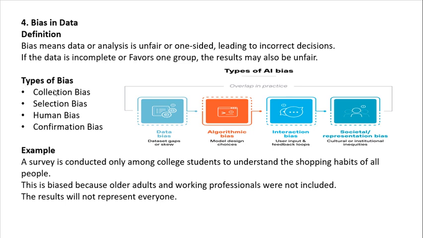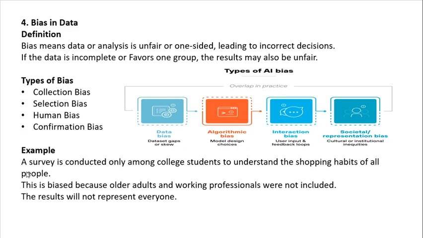Types of bias are collection bias, selection bias, survivorship bias, and confirmation bias, and many types of AI bias like data bias, algorithm bias, instructions bias, and societal and representation bias.